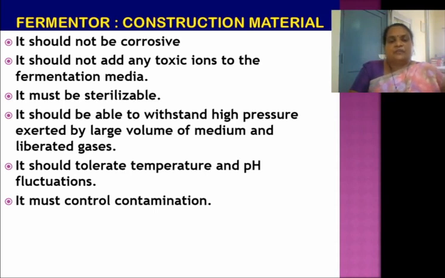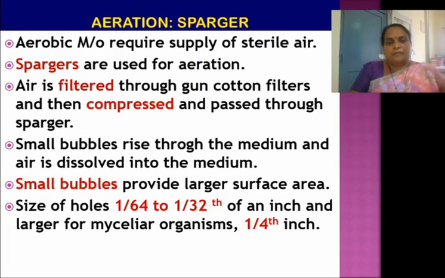It should be able to withstand high pressure that is exerted due to large volume of the medium and the pressure exerted due to liberated gases. It should tolerate temperature and pH fluctuations that happen during the process of fermentation. It must control contamination.